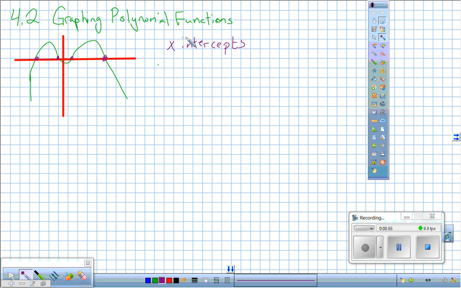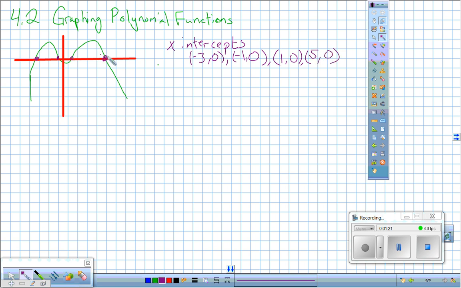If I ask you for my x-intercepts, I'm just going to estimate these. It would be (-3, 0). My next one would be at (-1, 0). This is not by any means exact. At (1, 0). And then my last one on the right would be maybe at (5, 0).